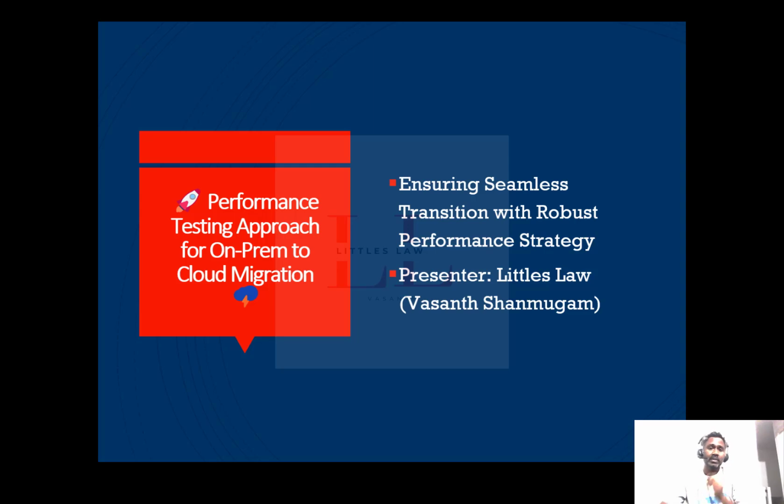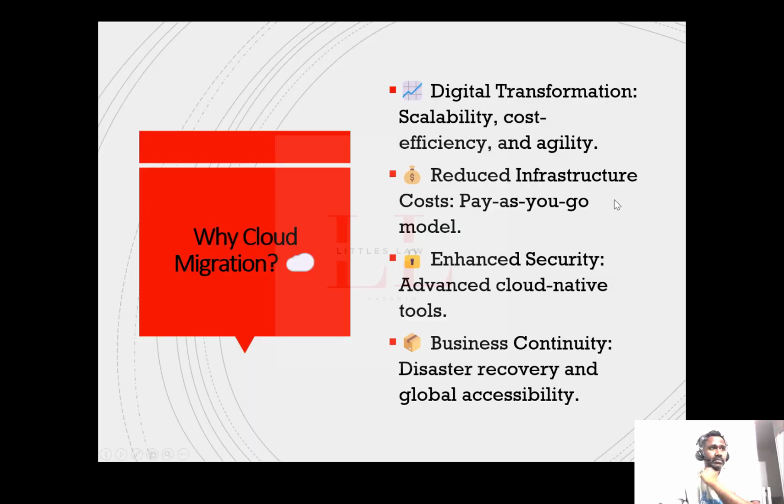So starting with the very first one, that is digital transformation, scalability, cost efficiency. When talking about all these, migrating to cloud is like switching from your own car to Uber, so you only pay for what you use.